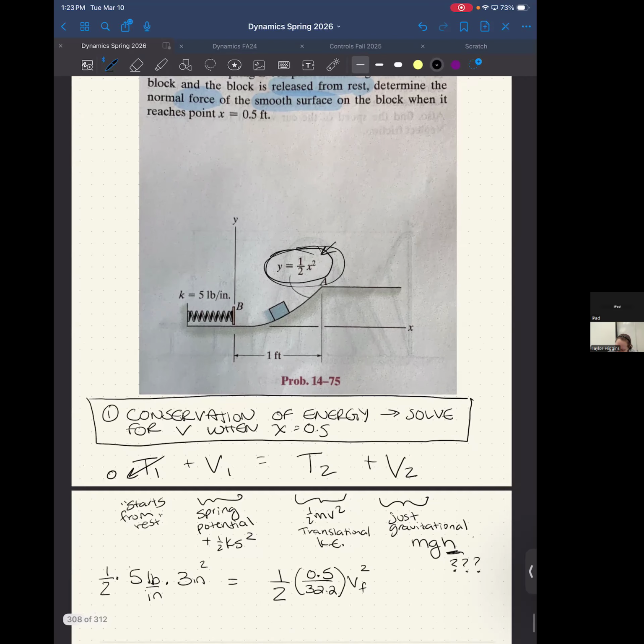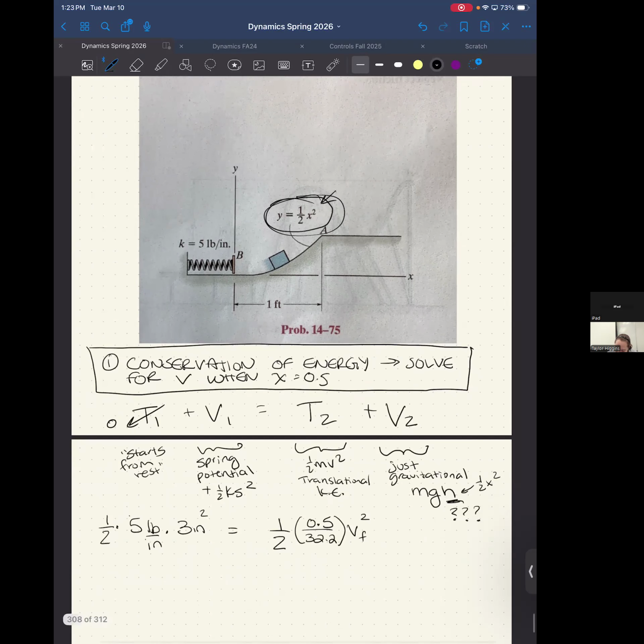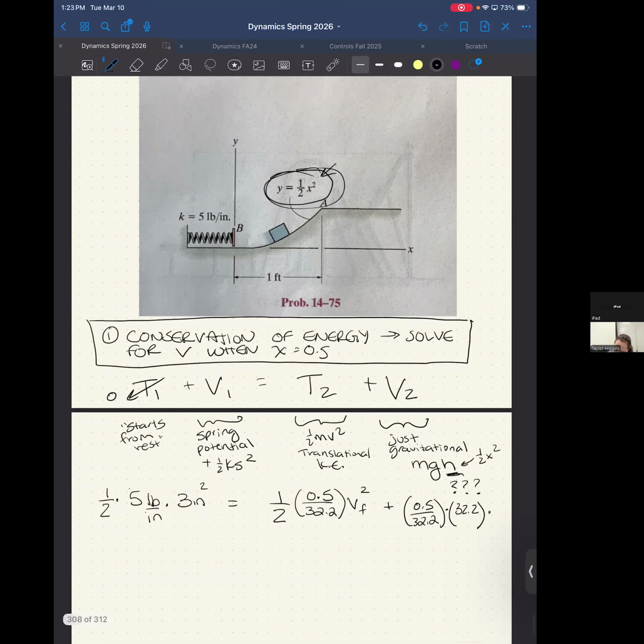So this is 1/2 x squared. So this is plus 0.5 over 32.2 times 32.2 times, ran out of space, 1/2 0.5 squared.